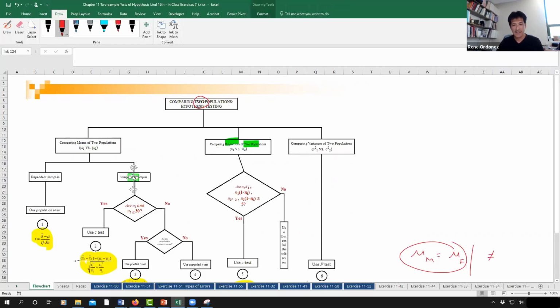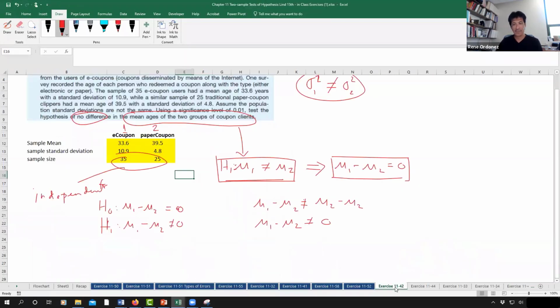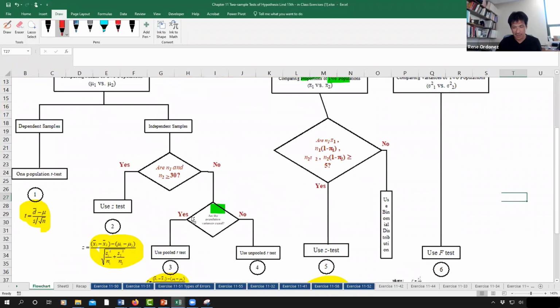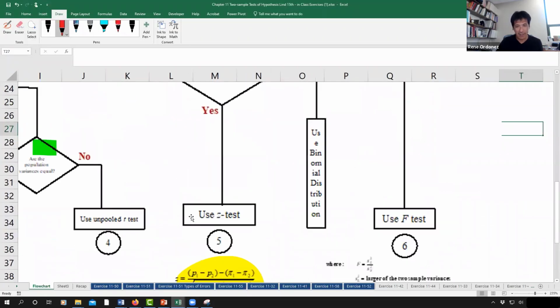Okay, now let's look at the sample sizes. Are N1, N2 both greater than 30? Nope, one is smaller. All right, so because one is smaller, we will go this way. The next question is, it's a little bit difficult to see, the writing is too small, so let me make this bigger.